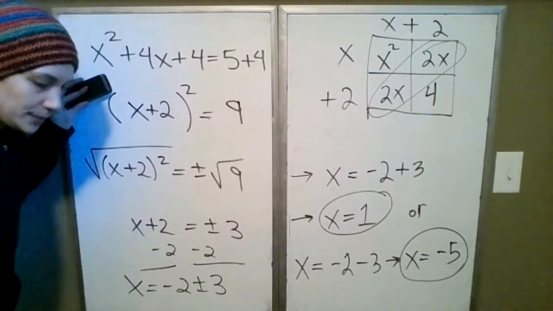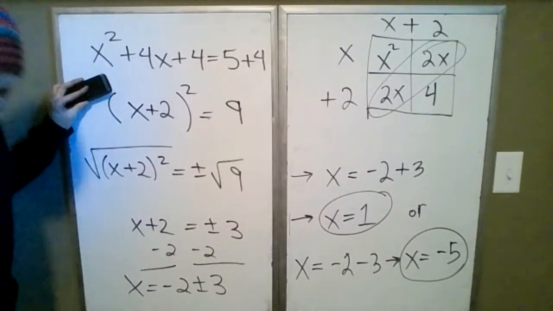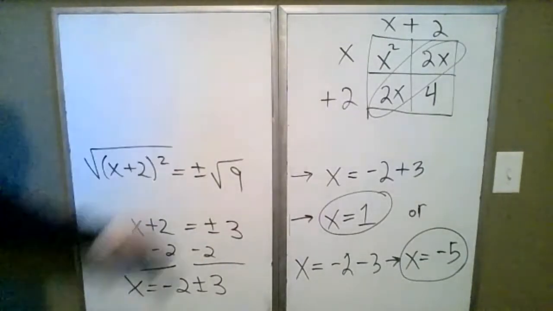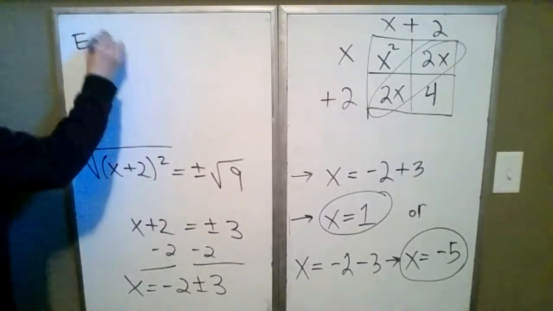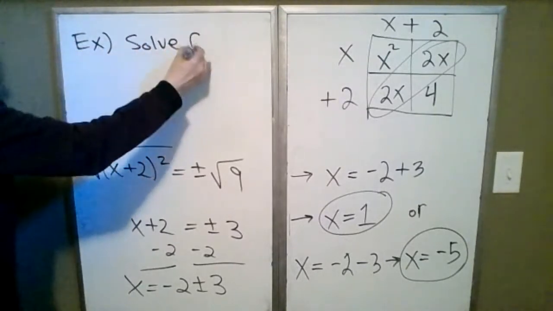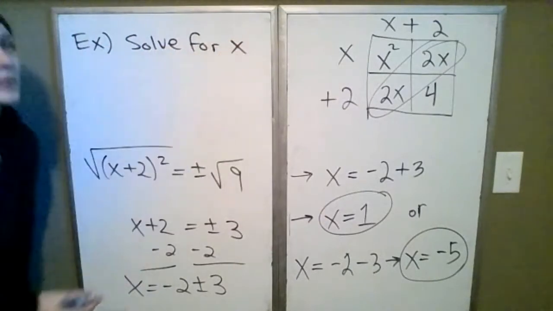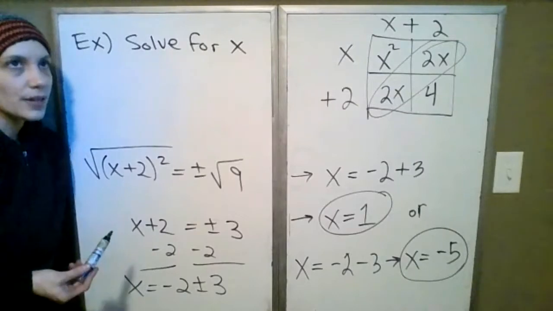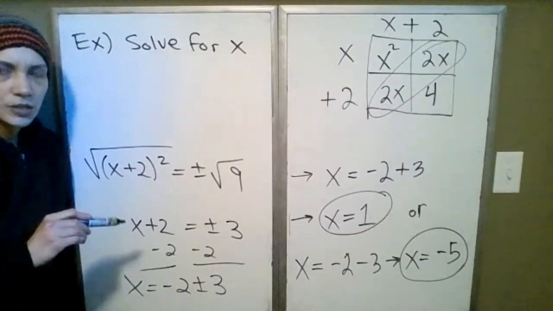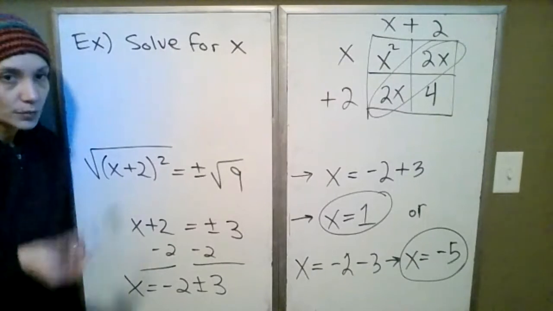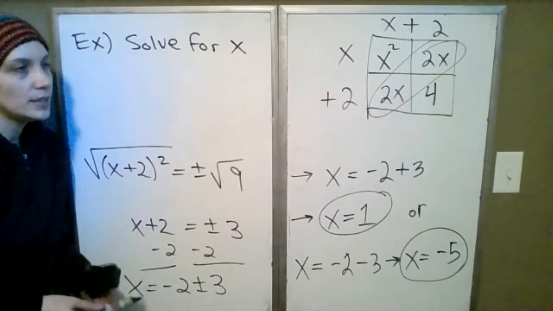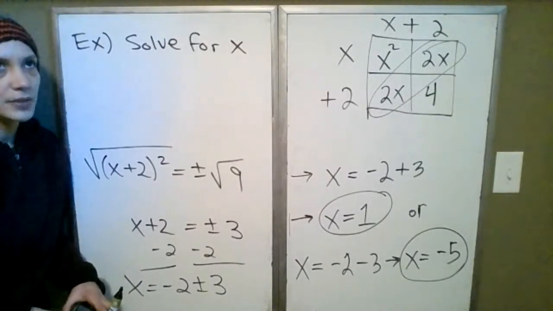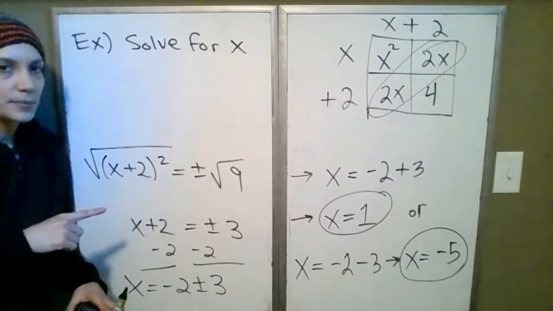Another problem, we solve for x. By the way, there's also the quadratic formula, which a lot of us maybe memorized. That's another way to get your two solutions of x. So this is just one method of solving for x, and it's by completing the square.